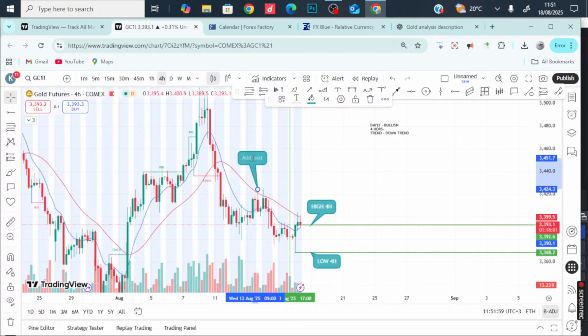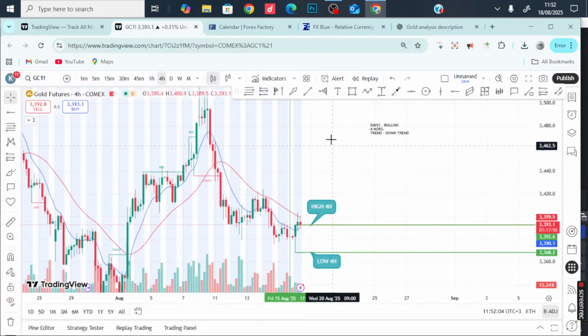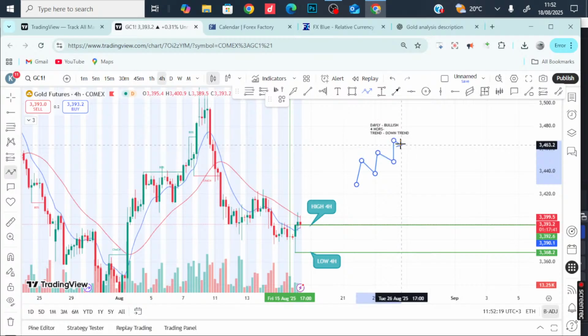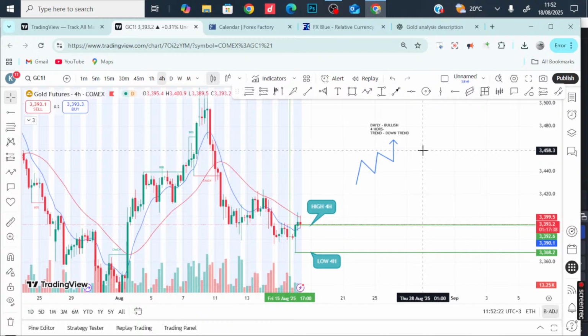Let me try to show you an example. The market is either moving on an upward trend, moving like this, and like this, or the market is moving on a downward trend. So for this one, the market was moving in a downward trend.